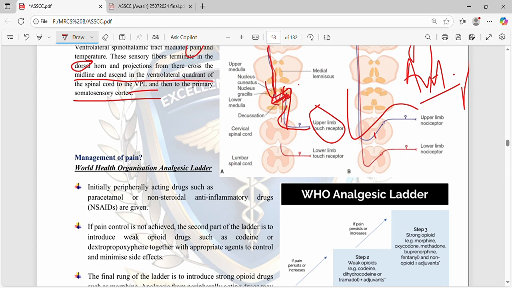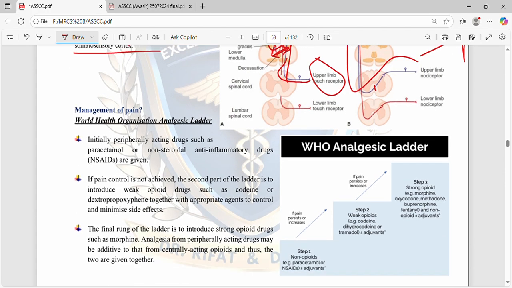lemniscus pathway. Okay, so management of pain, the WHO analgesic ladder. Initiate peripherally acting drugs such as paracetamol and non-steroidal anti-inflammatory drugs, NSAIDs. If pain control is not achieved, the second part of the ladder is to introduce a weak opioid such as codeine or dextropropoxyphene, together with appropriate agents to control and minimize the side effects. The final rung of the ladder is to introduce strong opioids such as morphine.